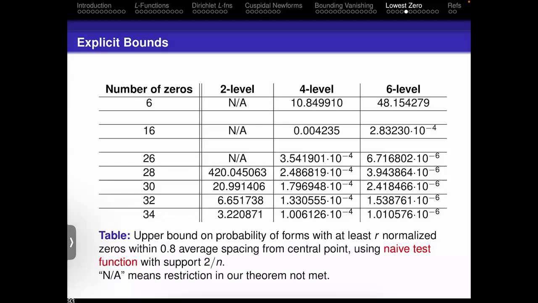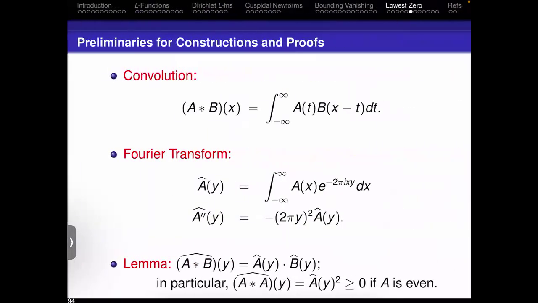So I don't really expect there to be that many zeros less than 0.8 of the average spacing. So having 34 zeros is quite a lot in the window of 0.8. And so a bound of 3% is quite bad. But a bound of 10 to the negative 6, that's not reasonable. So it does eventually, by looking at the higher levels, start to give you really good results.